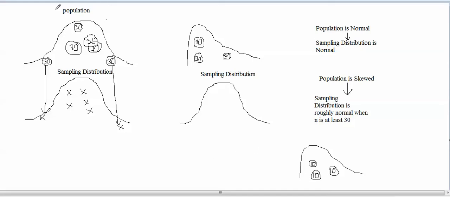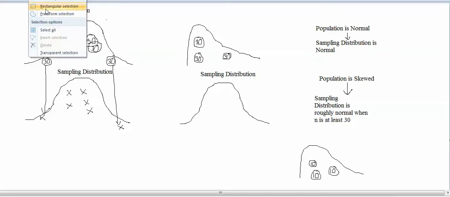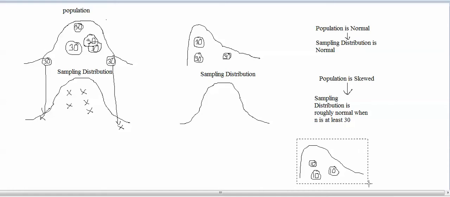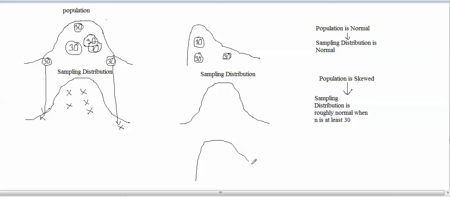What's going to happen is, in this population of people that's skewed to the right, meaning it has a lot more shorter people and fewer taller people, if we're taking a sample of 30 people, there's many different possible samples of 30 people that could be chosen.